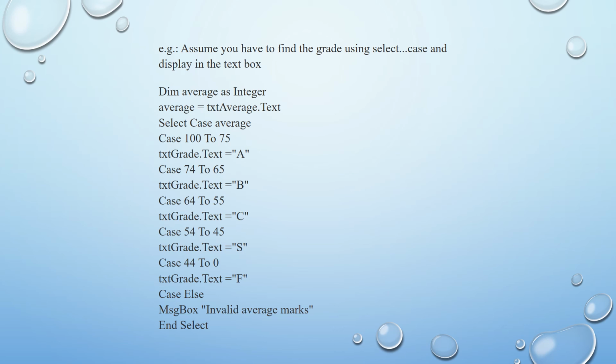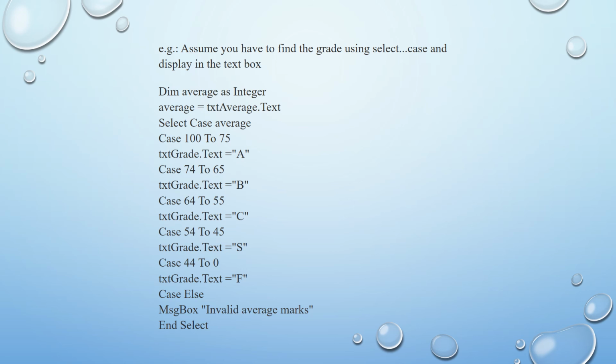Now we declare the variable average by using the Dim keyword: Dim average As Integer. average = txt_average.text to assign the average value from the txt_average text box.